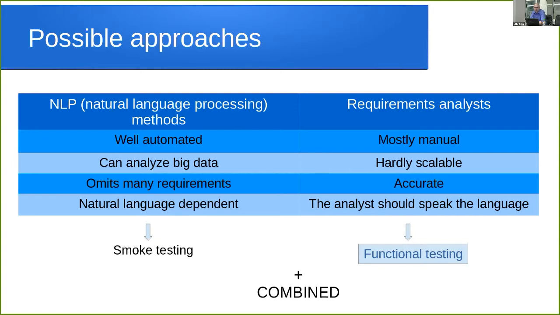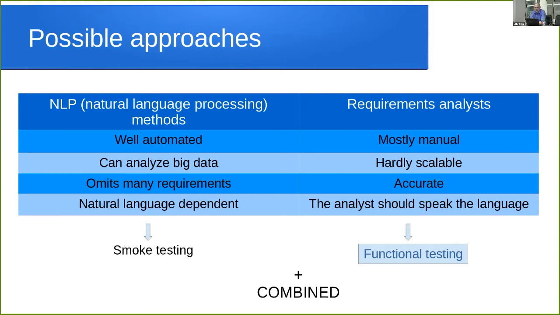These methods use mathematical statistics, machine learning, neural networks to construct a program that will extract functional requirements from the API documentation itself.